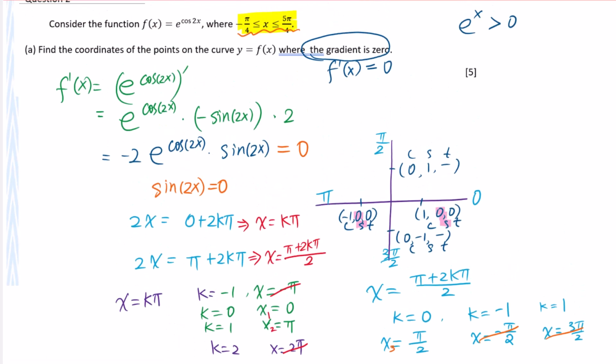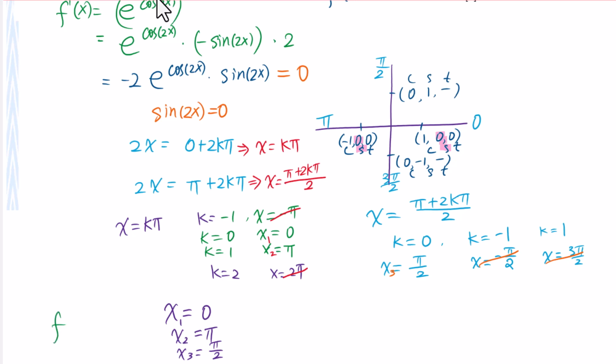We need to figure out the coordinates of the points. We know the function f of x equals e to the power of cosine 2x. Therefore, f of 0 equals e. F of pi equals e to the power of cosine 2 pi equals e.